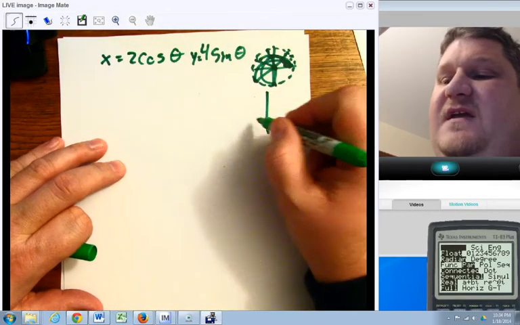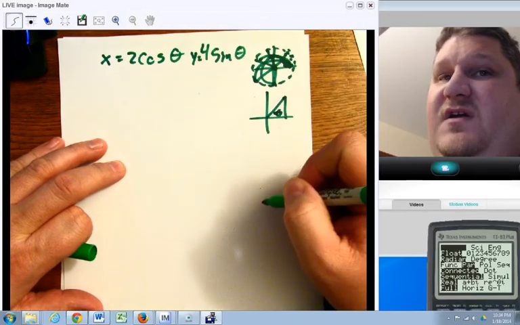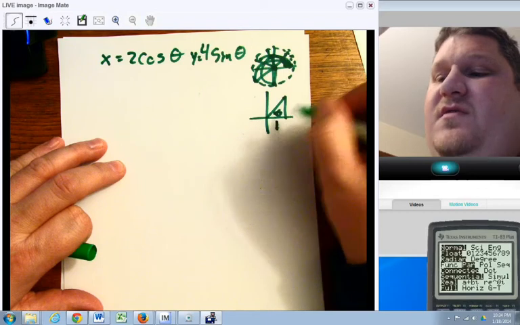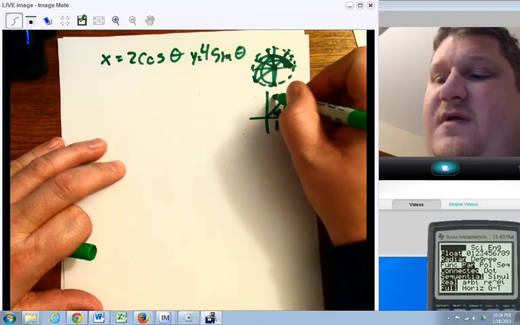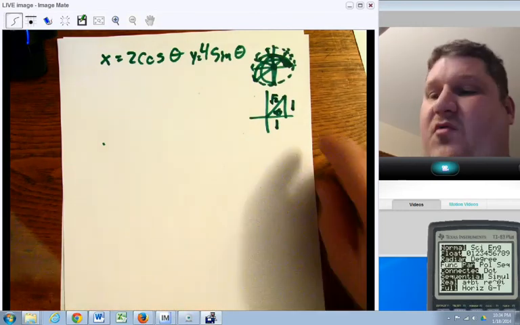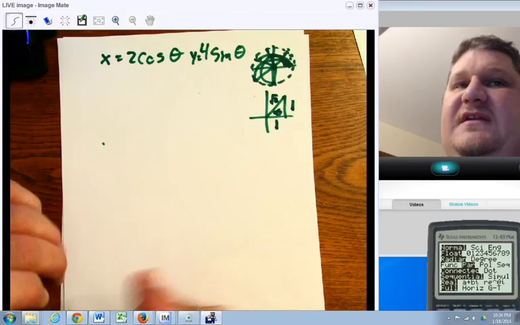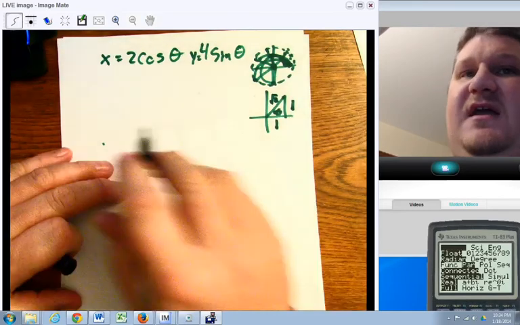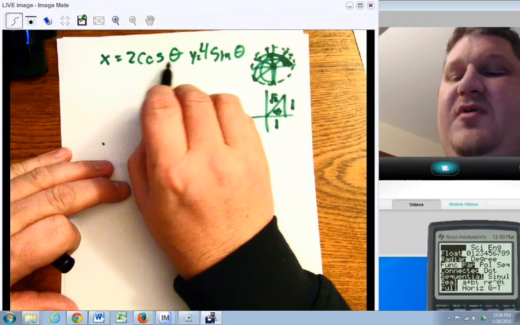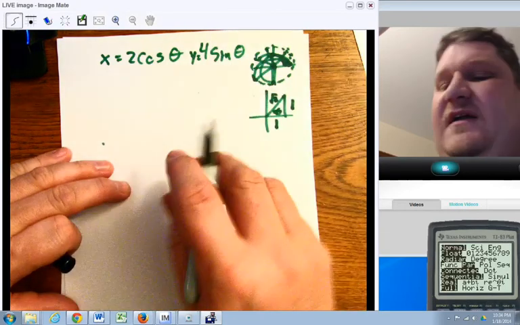If we think about it, it's nothing more complicated than if I have a 45, 45, 90 triangle, x would equal 1, y would equal 1, while the radius equals root 2. We have y, x, and theta all working together in the same problem. Now, to do this, we can't just simply solve for theta and plug it in, because then we still have a whole mess of x's and y's and thetas.